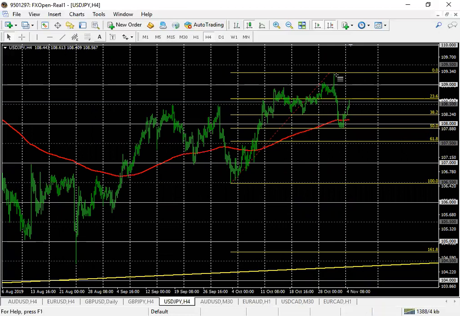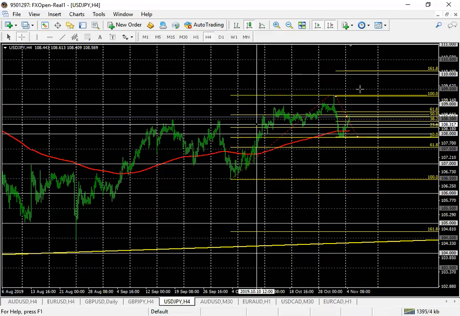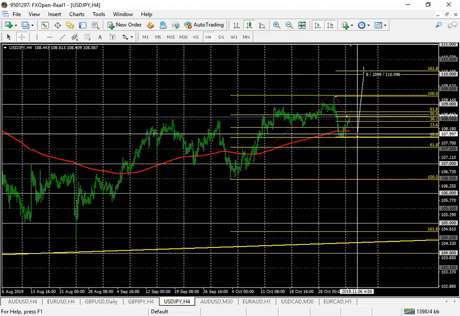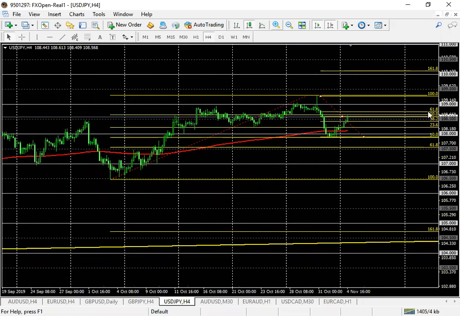And for our extension, from that swing high through to where the entry point would have been, that's about 200 pips to the 161.8% retracement. So definitely, the 108 zone looks to me like a really decent one.